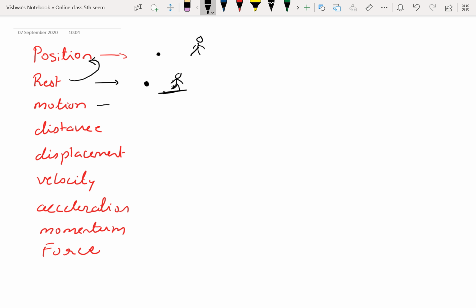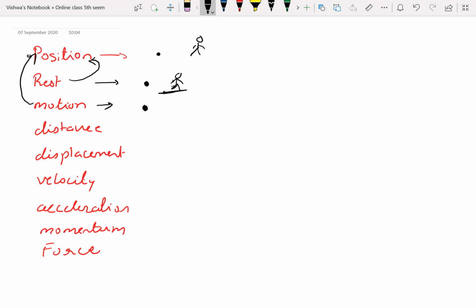So, motion. The motion means, again we are defining this motion using this term position. If an object changes its position at different intervals of time, then we say that the object is in motion. Now at present the particle is here.